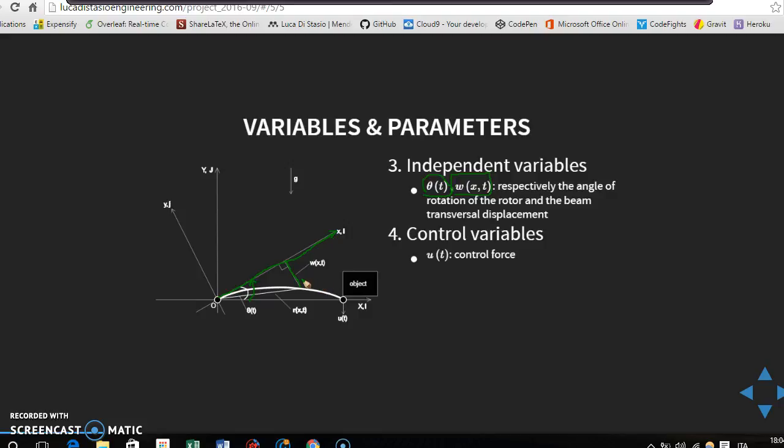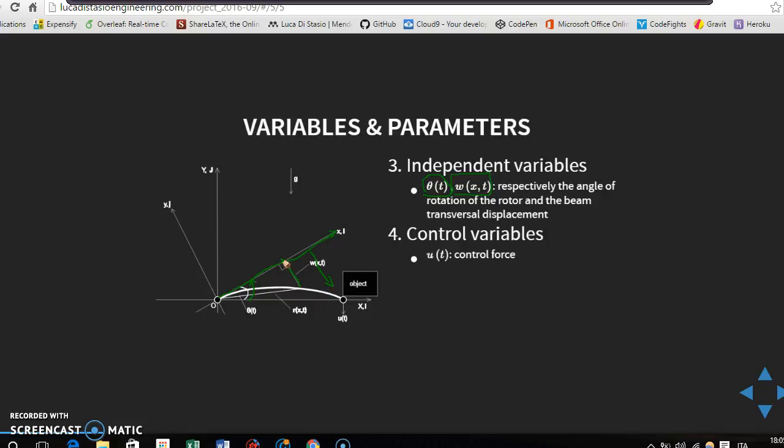Now pay attention that here in the diagram, w appears to be defined in the negative direction.